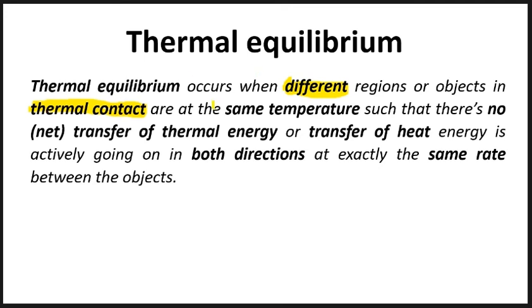So at the point when they are in contact with one another, their temperature becomes the same. Don't forget where we are coming from. The first thing is that they are not the same at first. They are actually objects of different temperature. That's why I said different regions or different objects.